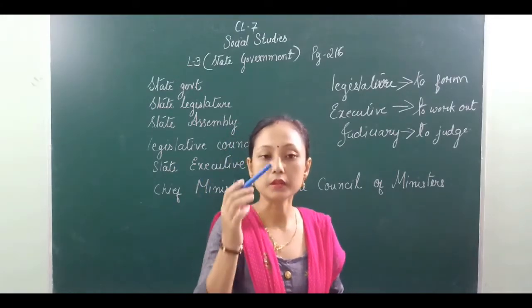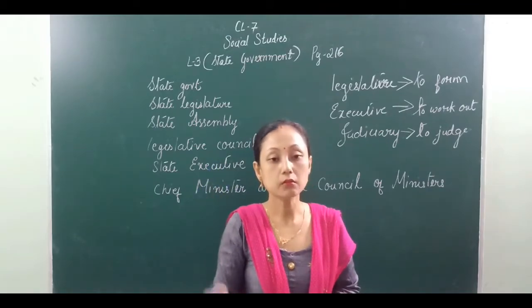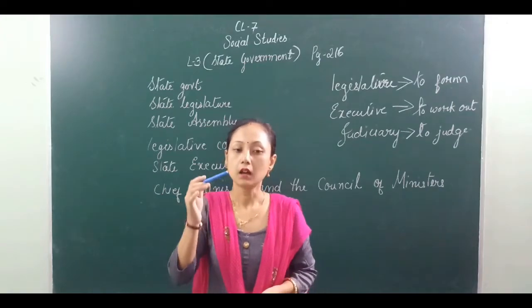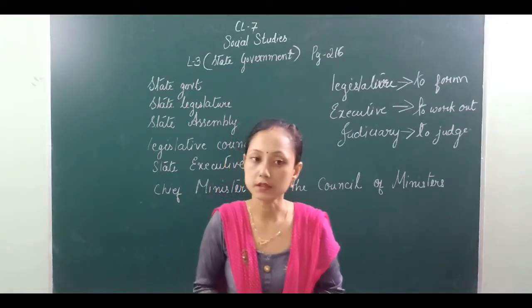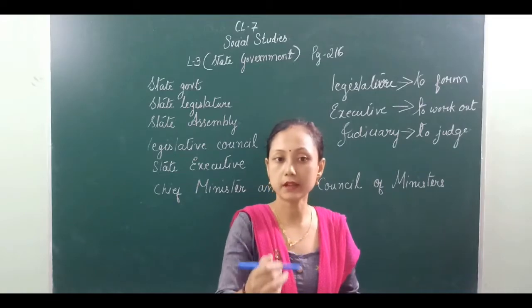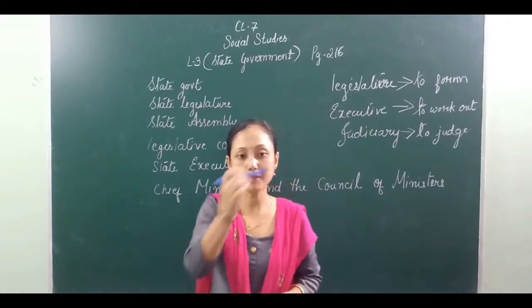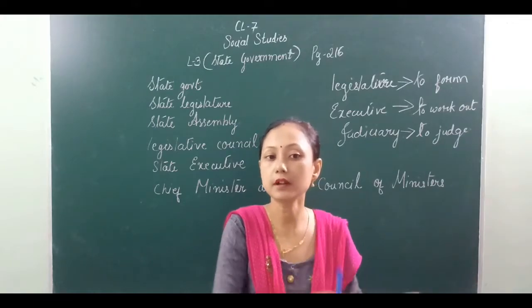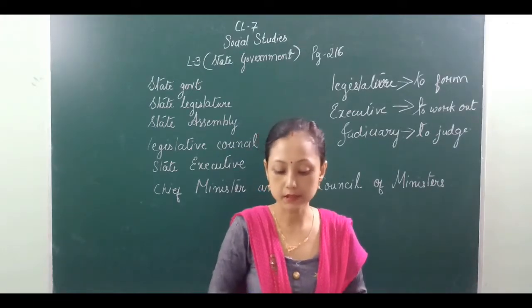Although the prime minister is the head of the country, we find that the president has the right to take quick decisions in terms of emergency. Now, at the state level, the governor has those powers which are similar to those of the prime minister in the state.